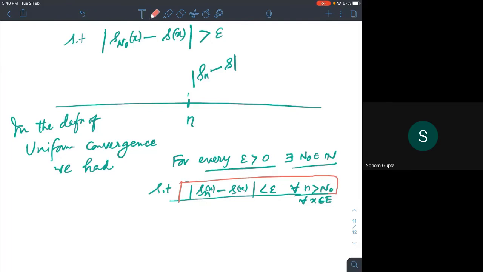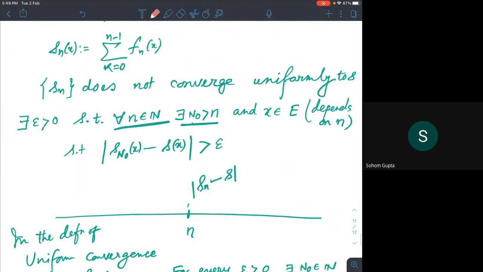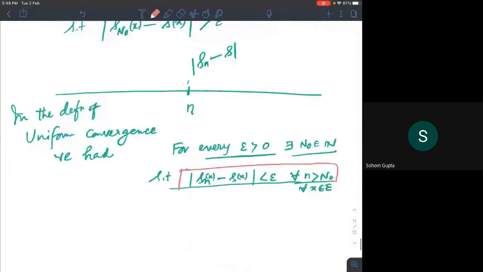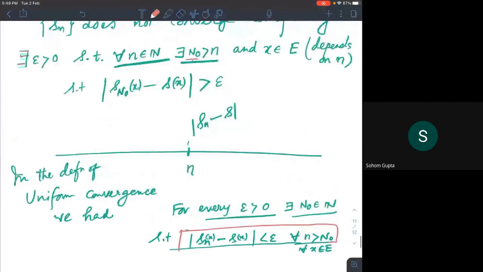So the negation is there exists a small n greater than n naught such that this one is greater than epsilon, right? Is this clear? And that's why you get this n naught here, instead of just n. Is this clear?